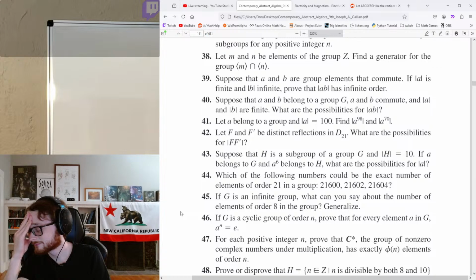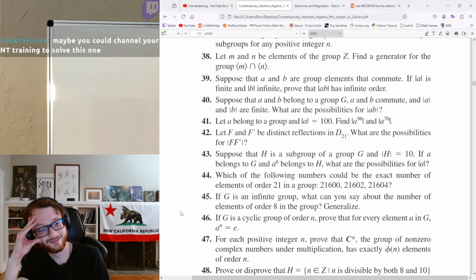That seems like one of those competition type problems, and I'm not sure that I'll be able to figure this one out. I'm glad that you're still around, Bode. Channel my number theory training to solve it.